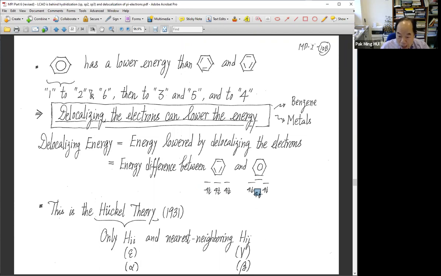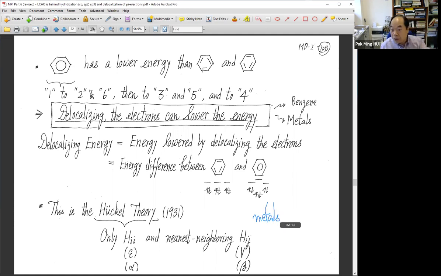And that is a triumph of quantum mechanics in the early days. This theory was done by Huckel, 1931, to explain this kind of, don't know whether it is double bond or delocalizing. And the more important application is actually to understand metals.